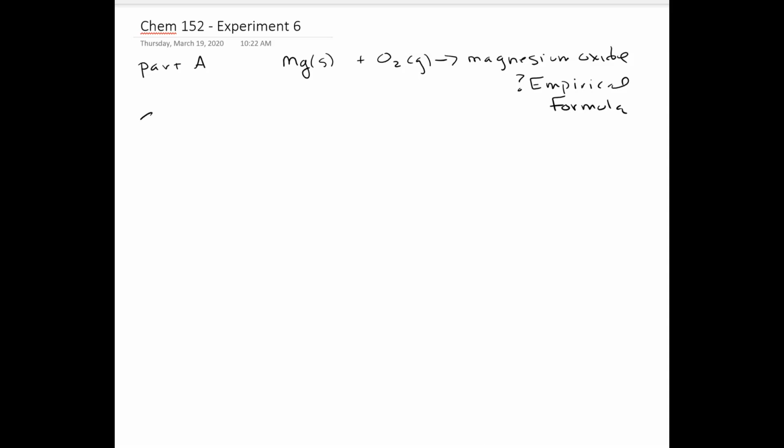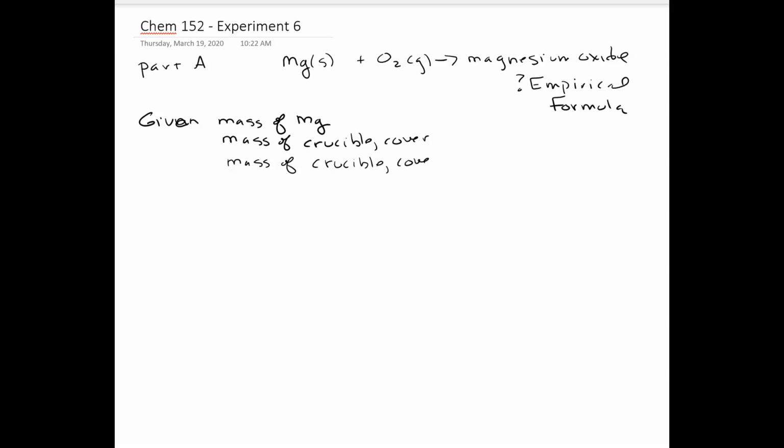Okay, you are given the following data. The mass of magnesium, the mass of the crucible, its cover, and then you are also given the mass of the crucible, cover, and the compound inside of it.